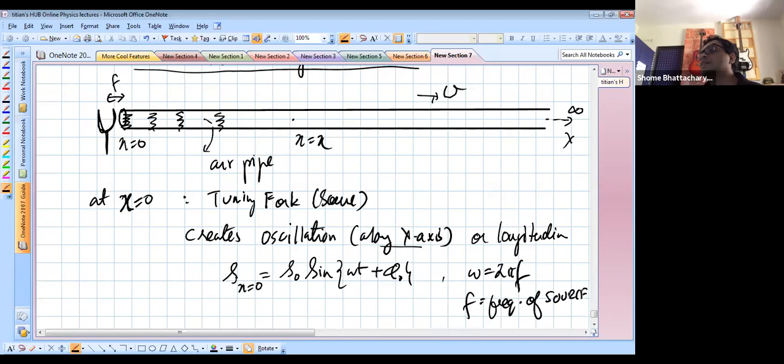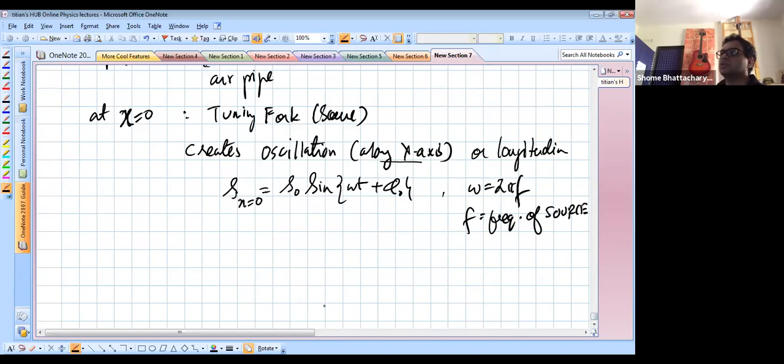Okay. So again, like transverse waves, we'll see frequency is a property that belongs to the source, whereas wavelength, we'll see later, is affected by both the source and the medium. So this is the disturbance that is being created at x equal to 0.